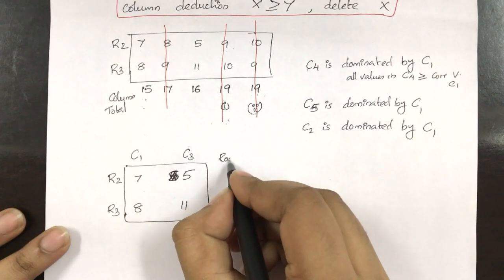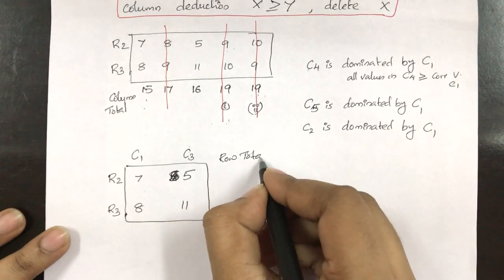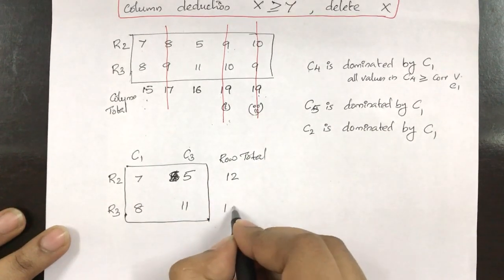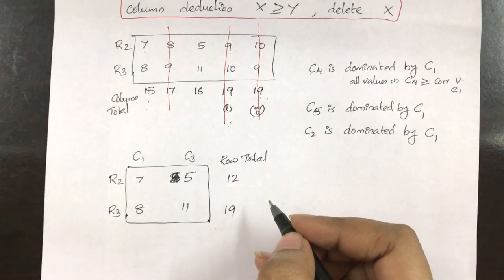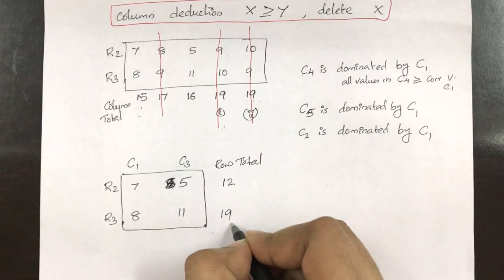For that we need to find out the row totals. 12, 19, which is the highest row? 19.